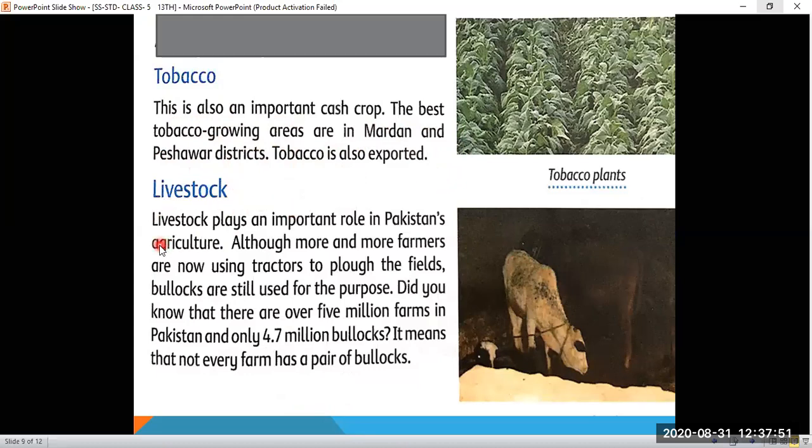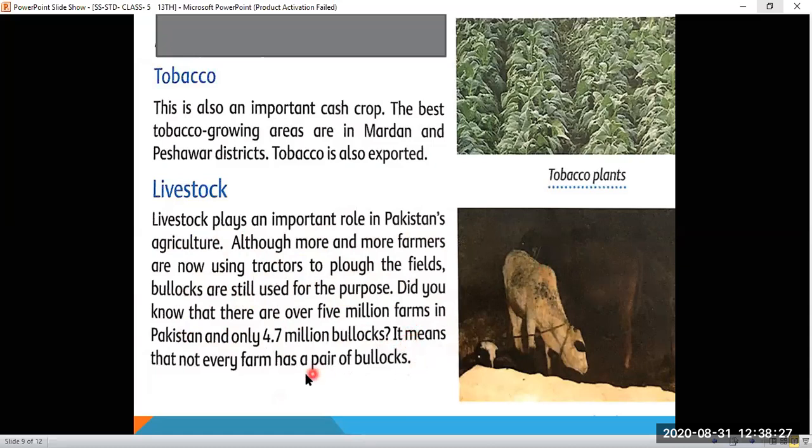Livestock. Livestock plays an important role in Pakistan's agriculture, although more and more farmers are now using tractors to plough the fields. Bullocks are still used for this purpose. Did you know that there are over 5 million farms in Pakistan and only 4.7 million bullocks?